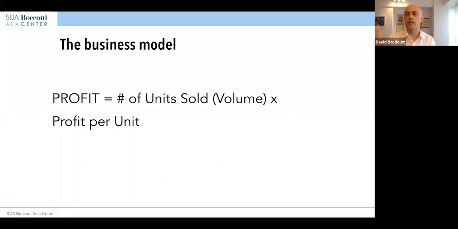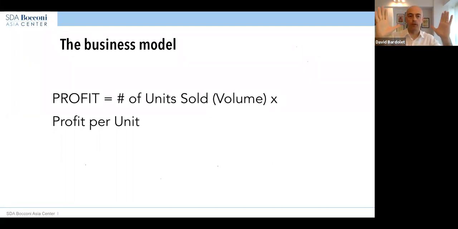So if you start with a very simple formula that you can clearly understand intuitively, or you've already seen in previous courses, right? On, for example, how the profit for a company could be described as the number of units sold, which is also called volume, times the profit per unit. Right?